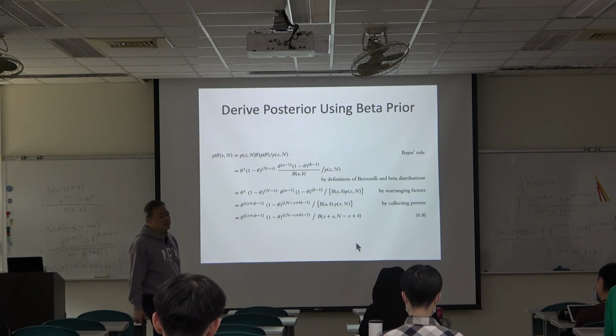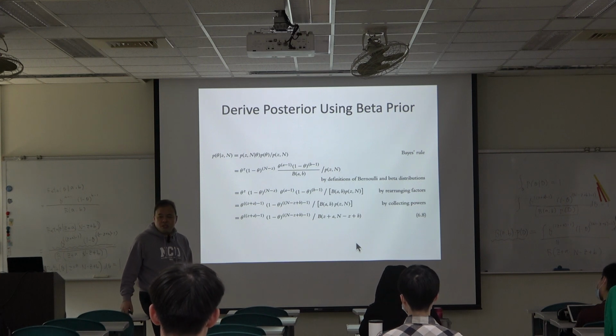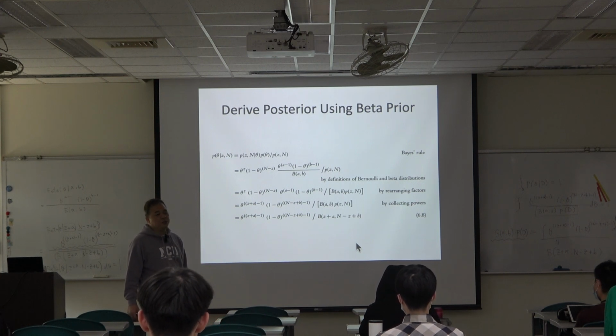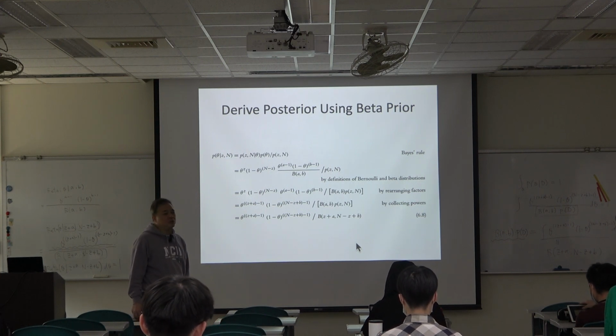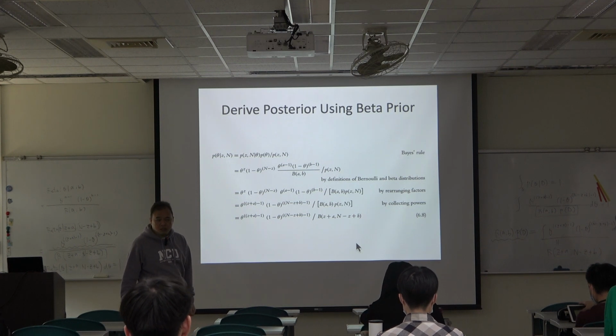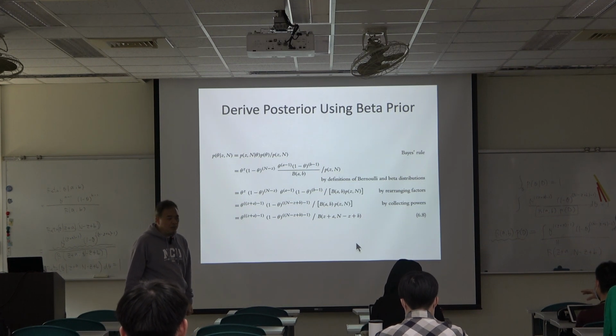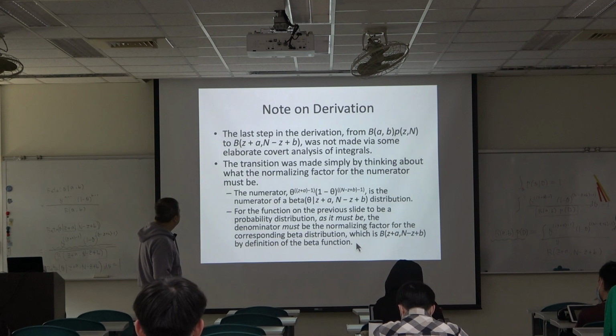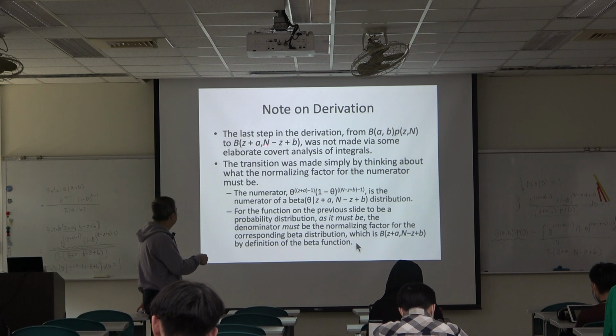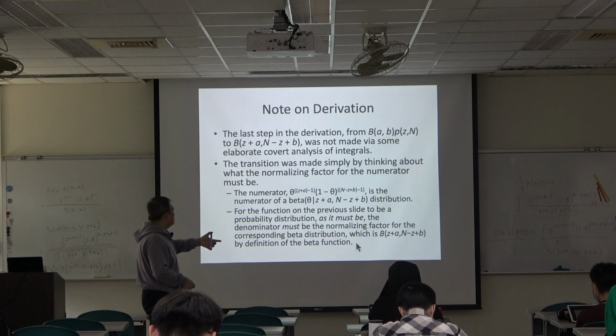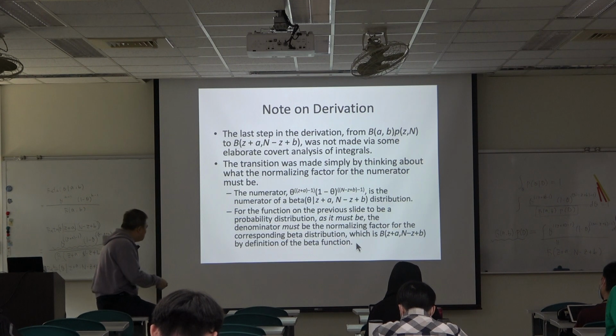So this makes the beta distribution a conjugate prior for the binomial likelihood, okay? Here I'm just explaining what we have already explained. So nothing much to talk about.